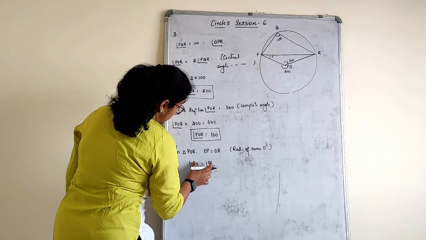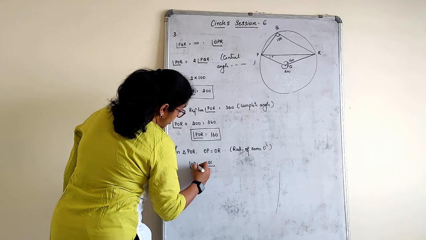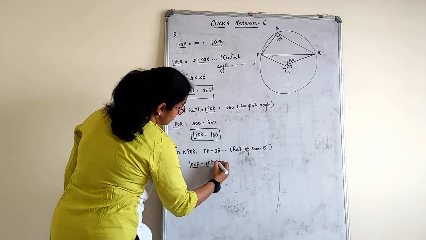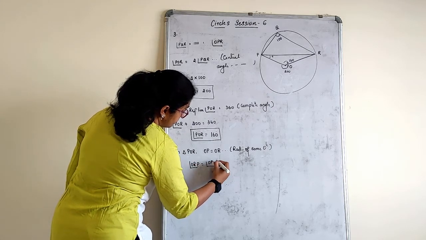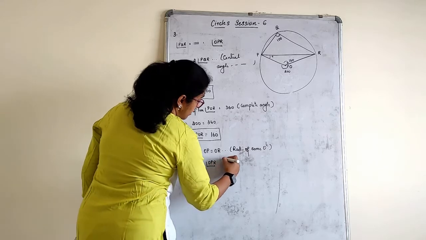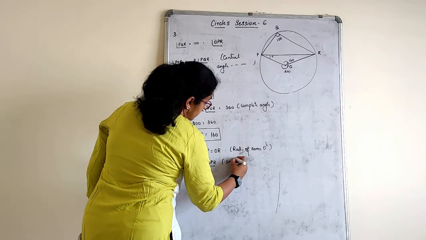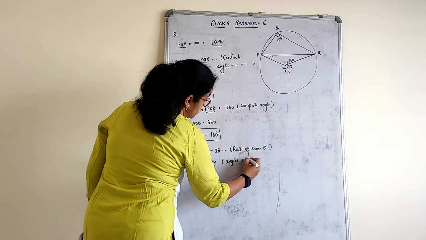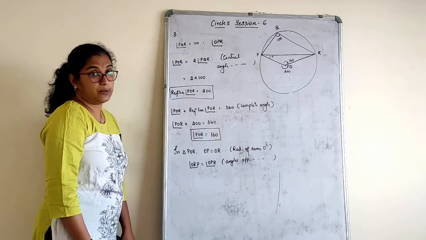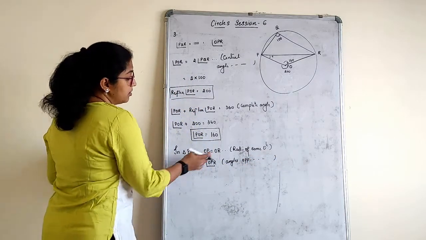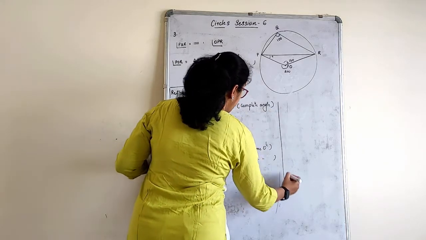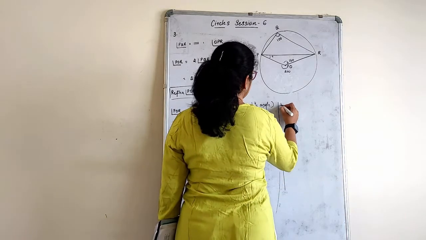Okay, reason you write: angles opposite to equal sides are equal. Theorem. Let us say angle sum property.